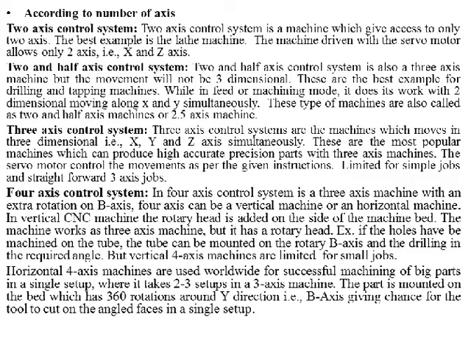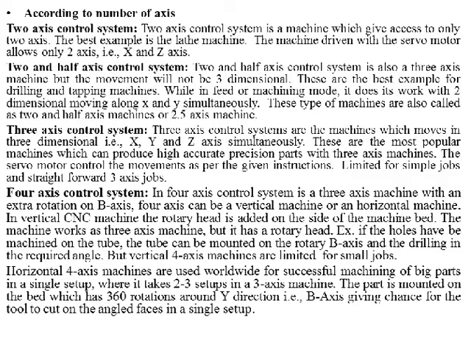In a vertical 4-axis control system, the rotary head is added on the side of the machine bed. The machine will work as a 3-axis machine, but because of the rotary head, if we are supposed to drill holes in a tube, then the tube can be mounted on that rotary B-axis and the drilling can be done at any required angle.